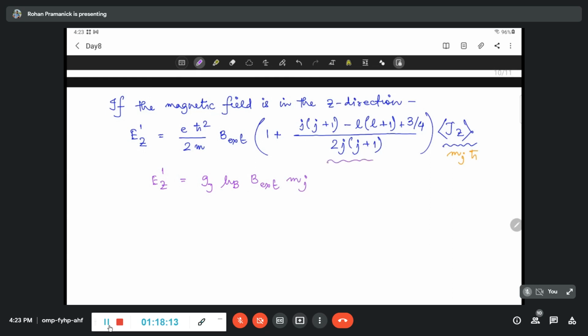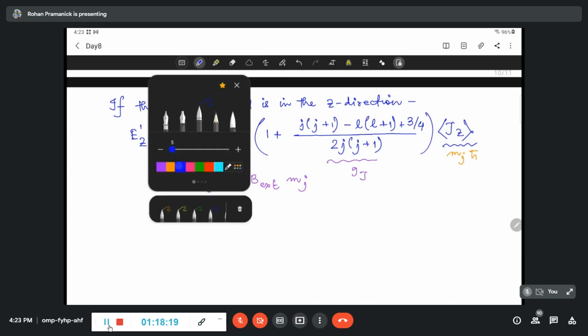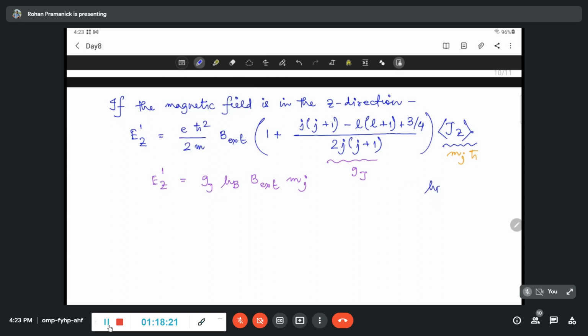This is the g-factor, g_J, and mu_B is known as the Bohr magneton, and this has the unit e h-bar by twice m. If you put the value, it has some value, but that is not important.